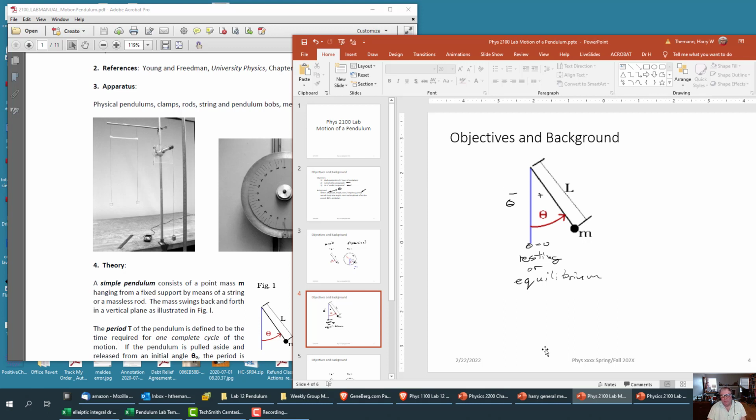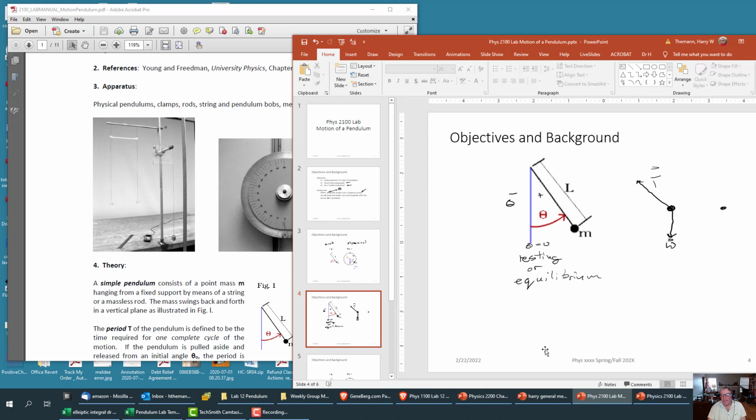And if we make a free body diagram of that mass, we have the weight of it and the tension of the string. These are the real forces.